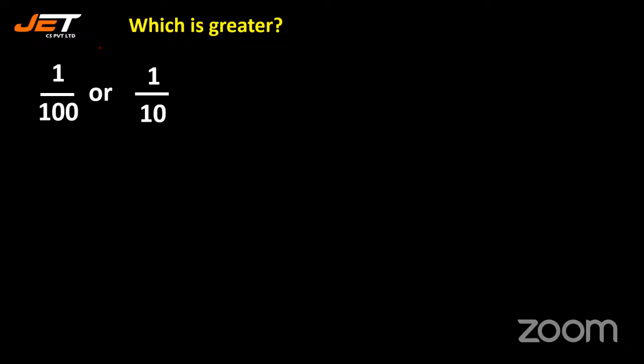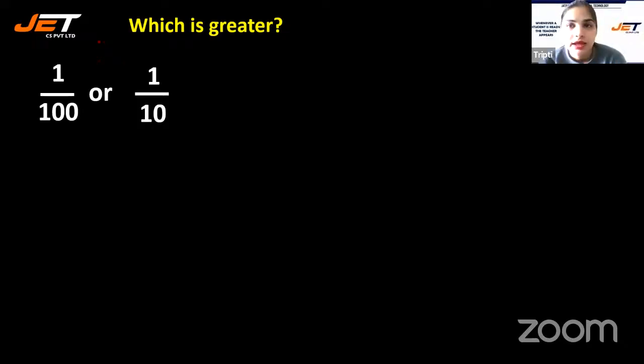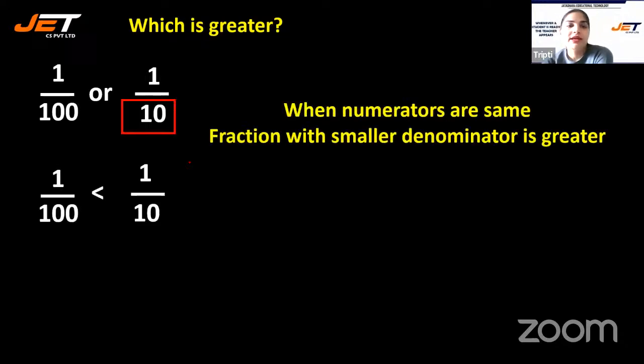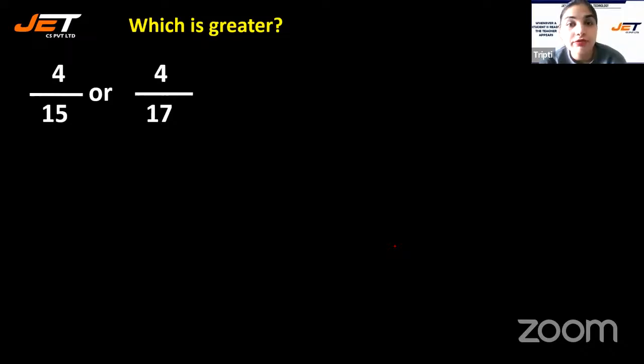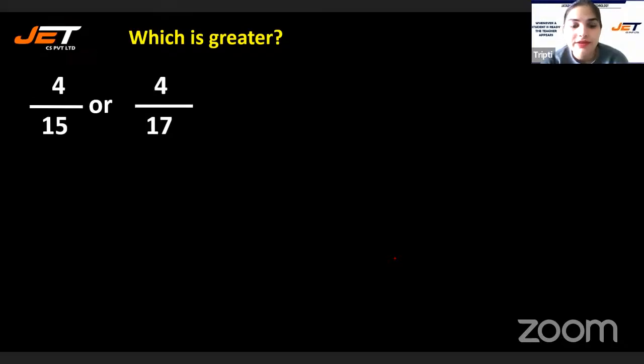So the fraction with greater denominator is the smaller fraction. So here I can say that 1 by 10 is greater than 1 by 100. Yeah. Moving on to the next one. 4 by 15 or 4 by 17. Again, the numerators are same.